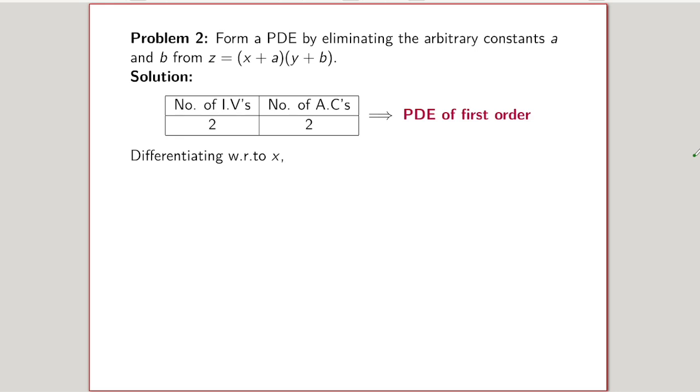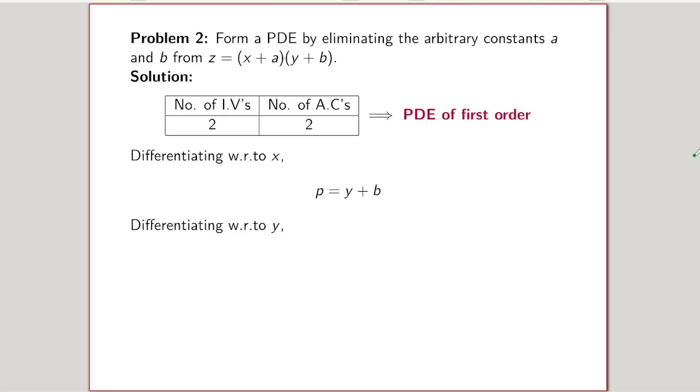Next, we have to differentiate the given equation with respect to x. Differentiating z with respect to x, we get dou z by dou x, and differentiating the right hand side, we get y plus b. Using standard notation, p is equal to y plus b.